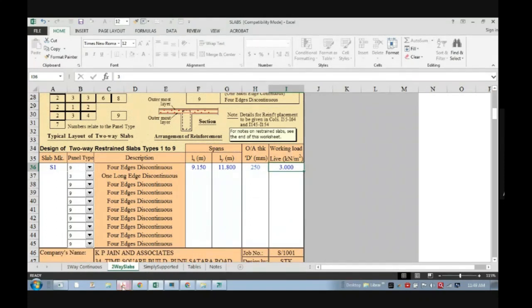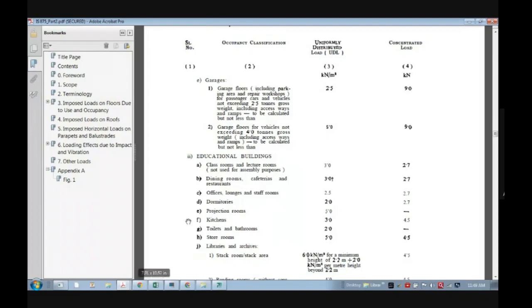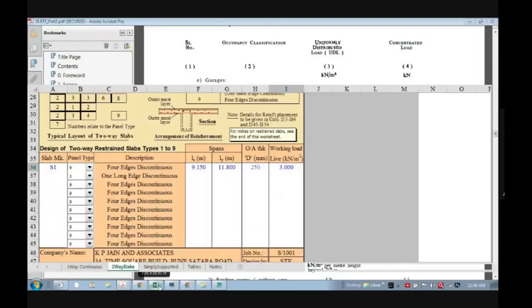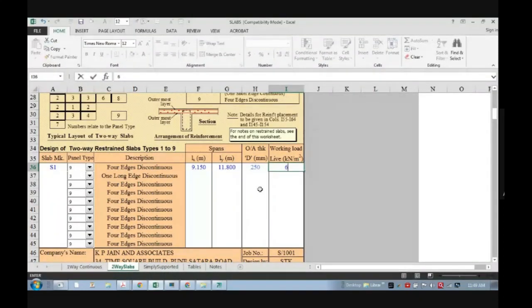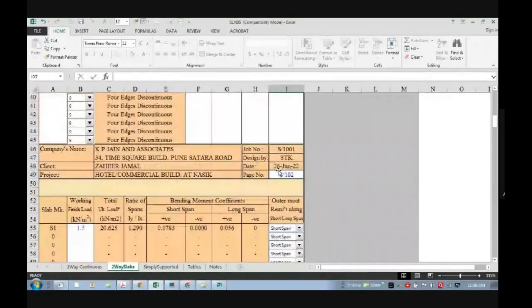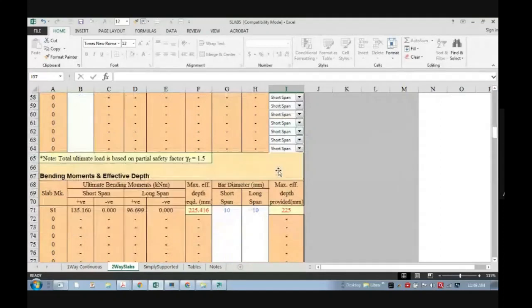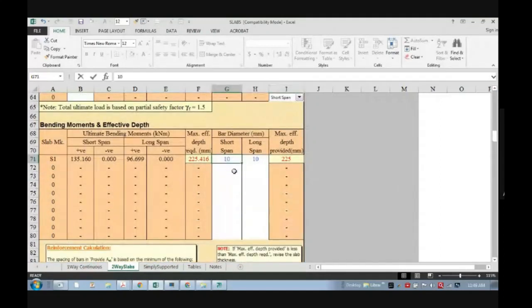Now, as we have seen, the library का ये top slab है, at first floor, ये 6 kilonewton, which is a very big number, but okay, लगेगा तो लगेगा. Quite huge load. You will see that आपका thickness तो कभी भी बैठने वाला नहीं. आपका 12 mm का बार भी डालता हूँ. Let's see.